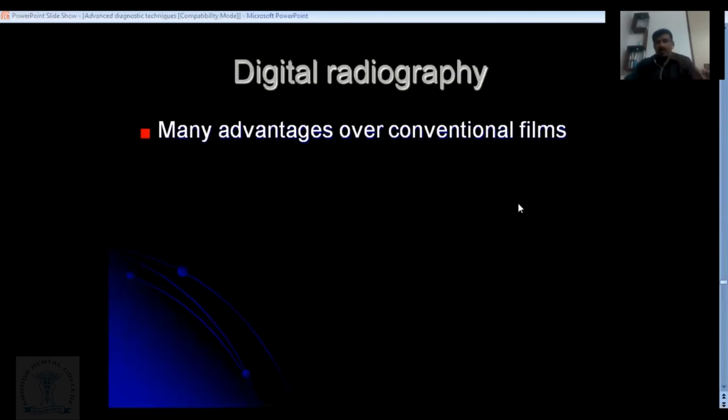Now, what is digital radiography? Now, you all know that. Previously, when we took a radiograph, you had to load a film within the camera, then expose the film, and then that film had to be processed, and then you get a photograph.